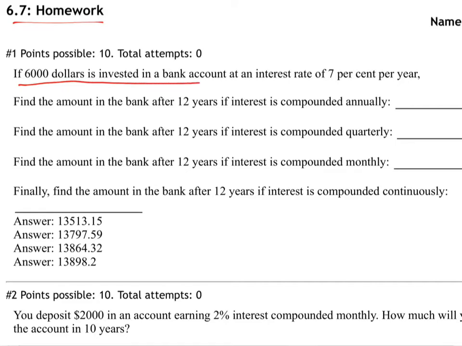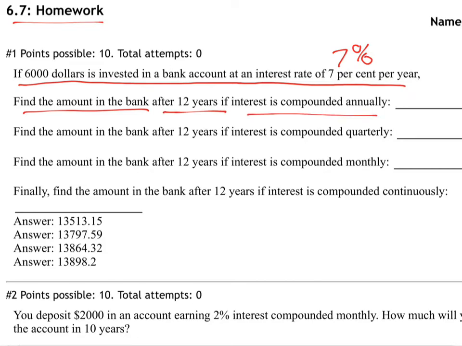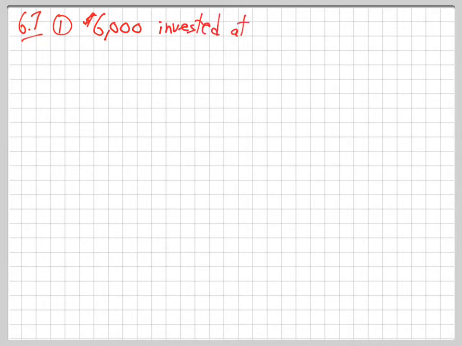If $6,000 is invested in a bank account at 7% per year, find the amount in the bank after 12 years if the interest is compounded annually. Okay, so I'm going to go to a fresh screen where we have room to write here. Number 1 in 6.7, it's $6,000 invested at 7%.